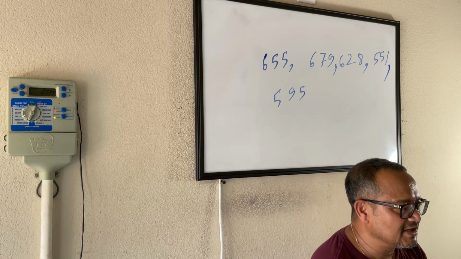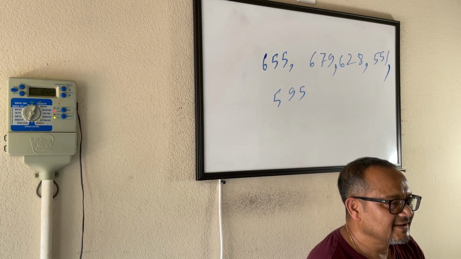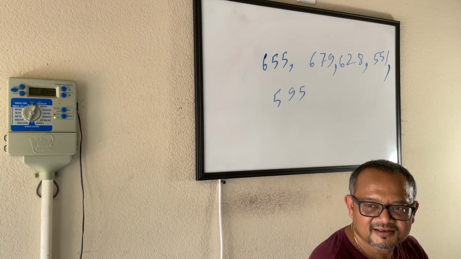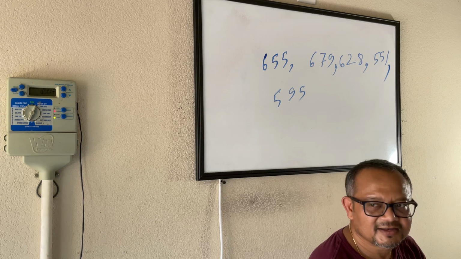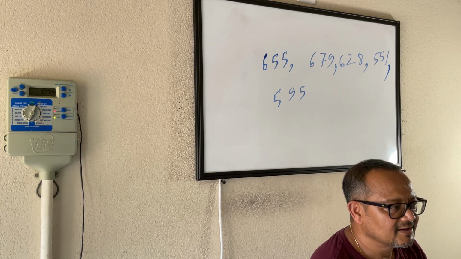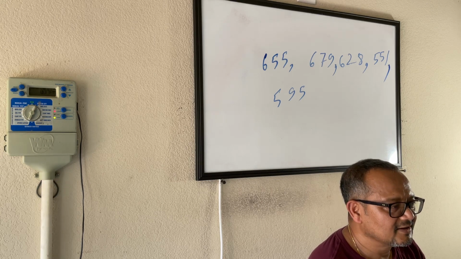Okay, let's see what color Asher wants to add. Yes, Asher, go ahead, beta. The question was which in number order, right? Okay, so the first one will be 551, and then the second one will be 595. Then the third one will be 628.